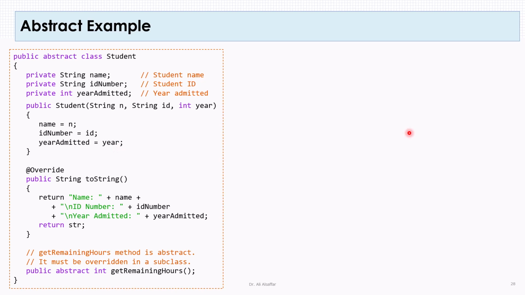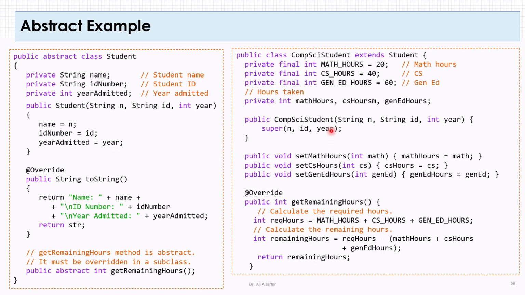As an example of a subclass that is used to extend the student class, here we have a class for computer science student as a subclass that extends the student as a superclass. Now since student is abstract and has an abstract method, this abstract method must be overridden in the subclass. So let us have a look into the class members for computer science students.